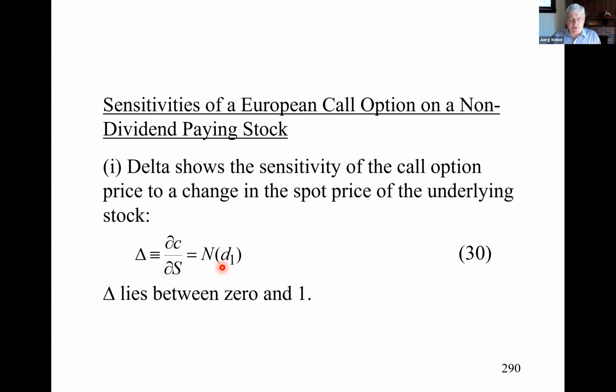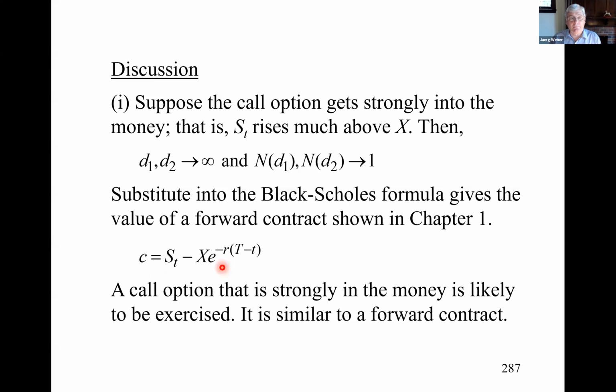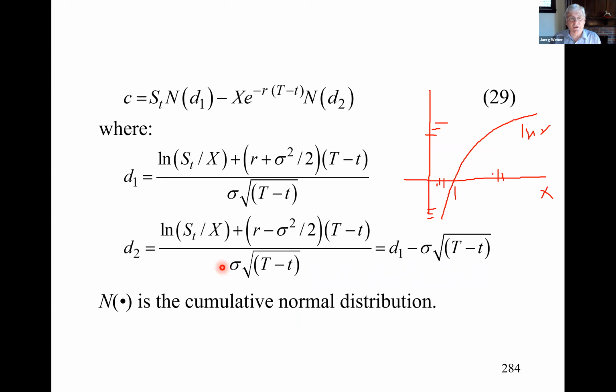Now, it's not so easy to take this derivative. So let's take the derivative of this with regard to S. Naturally, you get N(d1). And here S does not appear, so you could say, okay, that goes to 0.